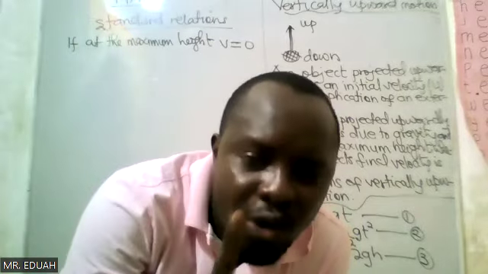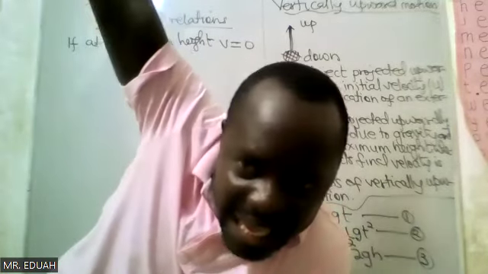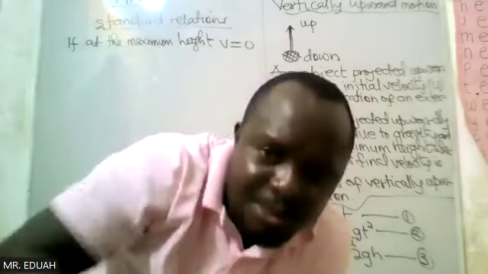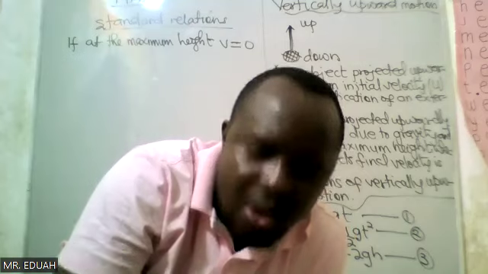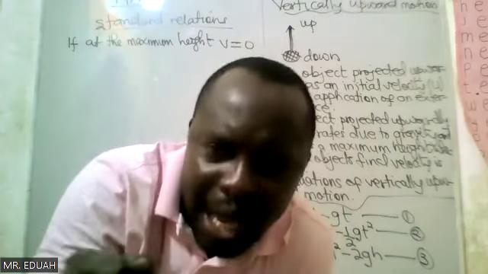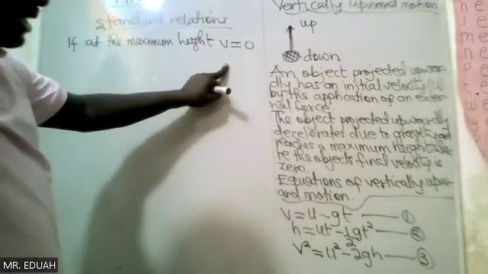So it has no velocity to move further upward, and it must end. At the maximum height, v is 0, the body stops momentarily and comes down.